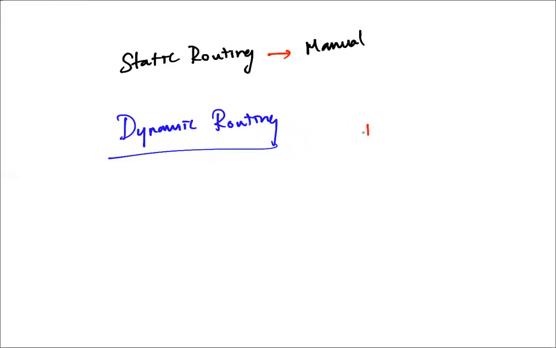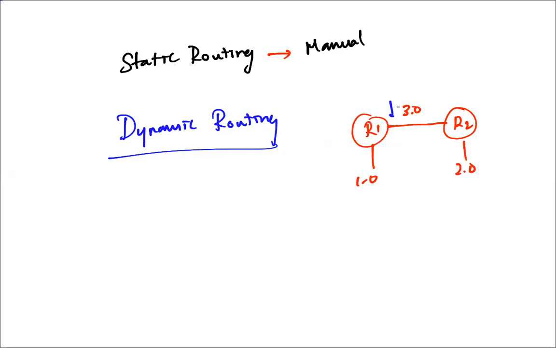If it is just two routers, and I hope you attended my static routing session already, we did 3 labs in static routing. Assume you have 1.0 here, 2.0 here, and 3.0 here.